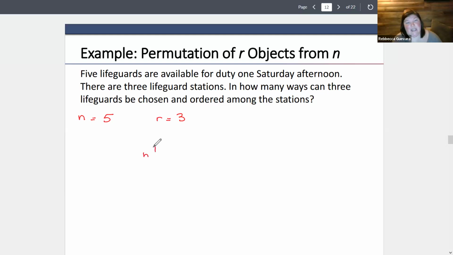Remember, it's NPR, N factorial over N minus R. In our case, it's 5P3. We have 5, but we're choosing 3. So we have 5 factorial on the top, and on the bottom we have 5 minus 3 factorial.